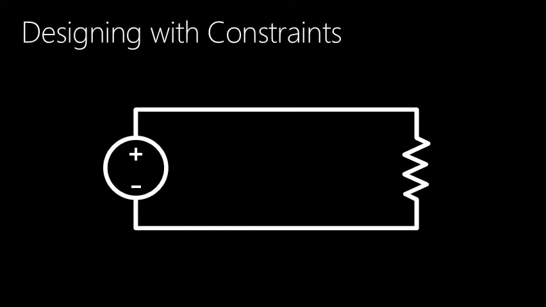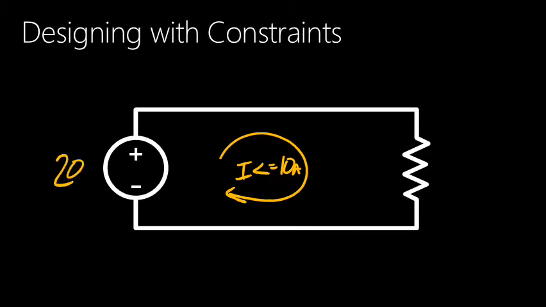Now, Ohm's law can also help us figure out constraints when we're building a product to make sure that it'll be successful. So for example, if we know that our circuit can't handle more than 10 amps, so I needs to be less than or equal to 10 amps. And let's say in this example we have a 20-volt power source. Then we're trying to figure out what the resistance needs to be.